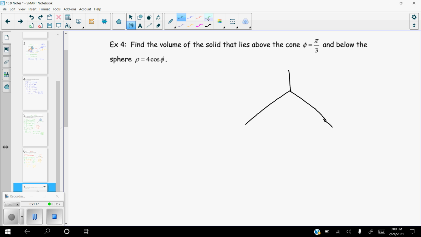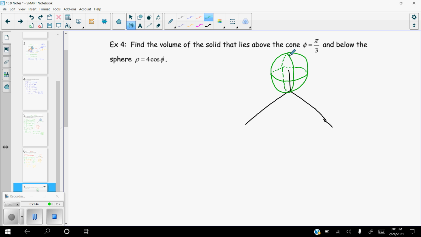So it's going to look, I guess, something like this. Something like that. I'll make it actually look like a sphere. So it looks something like that.